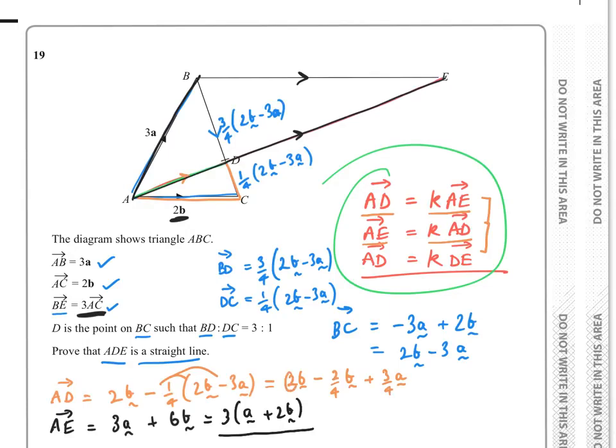Now 2 is 8/4, minus 2/4 is 6/4 B, plus 3/4 A. And the reason I did that is because I can take the 3/4 out, and then I'd have 2B plus just A. So that's AD.